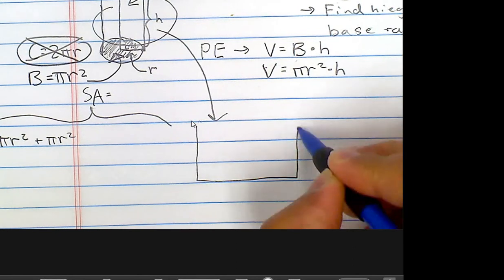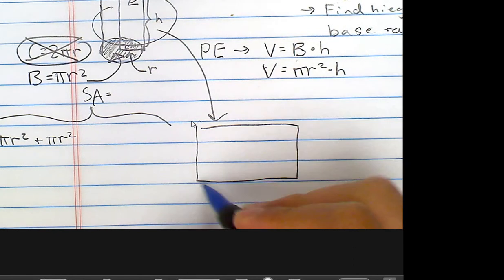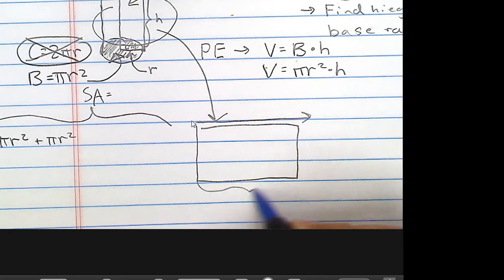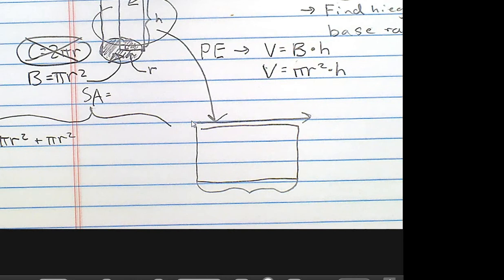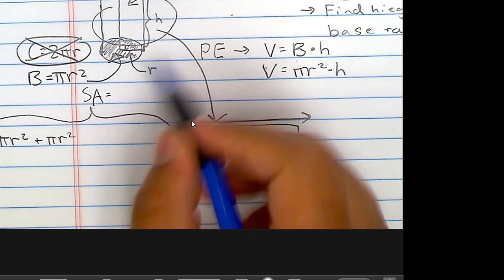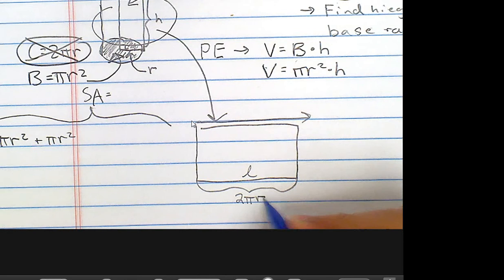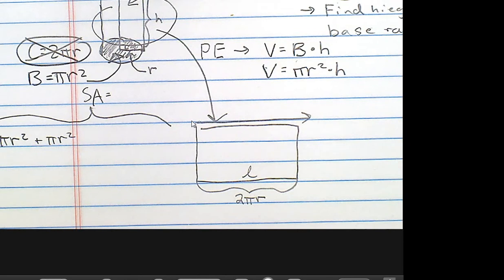If we roll it out this way, just like Andrea said, the length on the bottom is the circumference because it's the distance around. So the length is not L, it's 2 pi r. You just have to imagine rolling that cylinder out, and the height is still h.